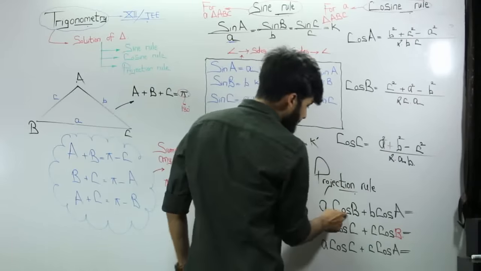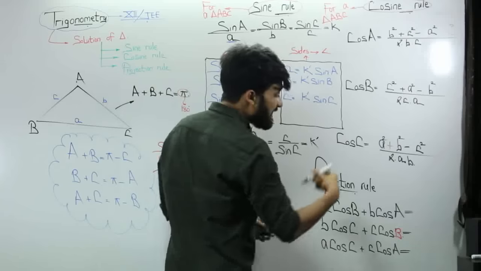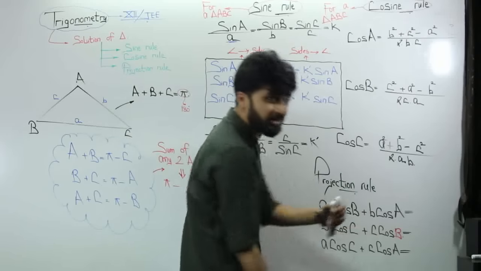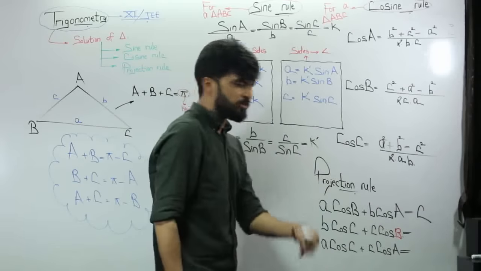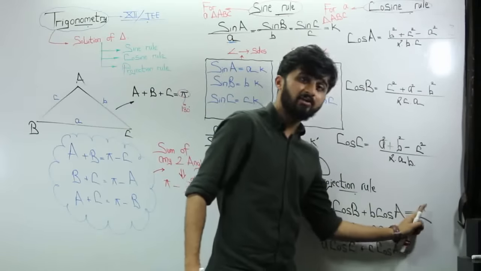If it is A cos B and B cos A, the remaining side is C, and I will write that there, because the projection rule always gives the remaining side on the right-hand side.